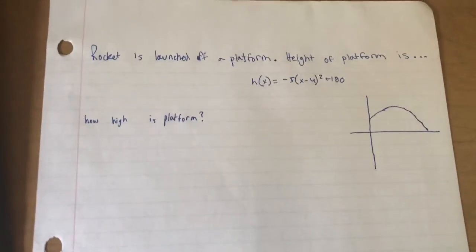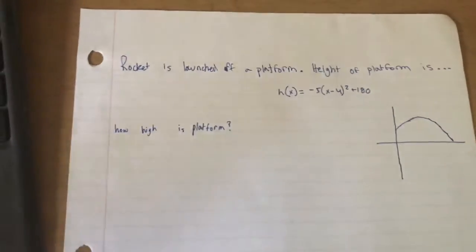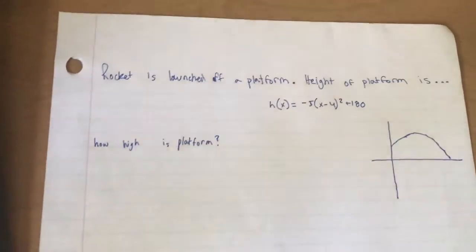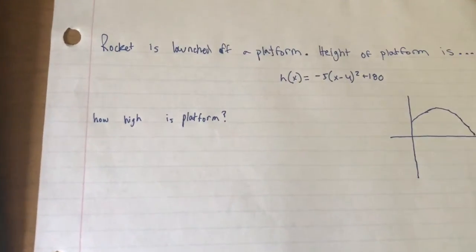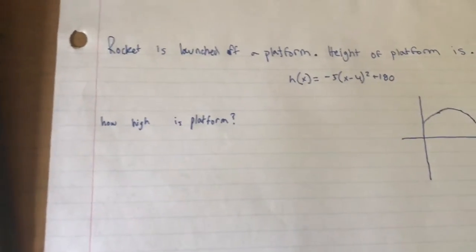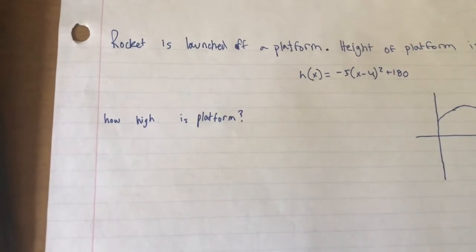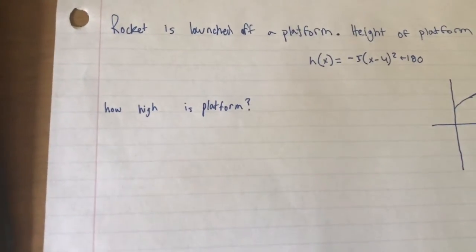The second problem we'll be working through will be using quadratic functions, but instead of the standard form of the quadratic equation, we'll be using the vertex form. So this problem is involving a rocket. A rocket is launched off a platform. The height of the rocket is shown using the equation h of x equals negative 5 parenthesis x minus 4 squared plus 180.